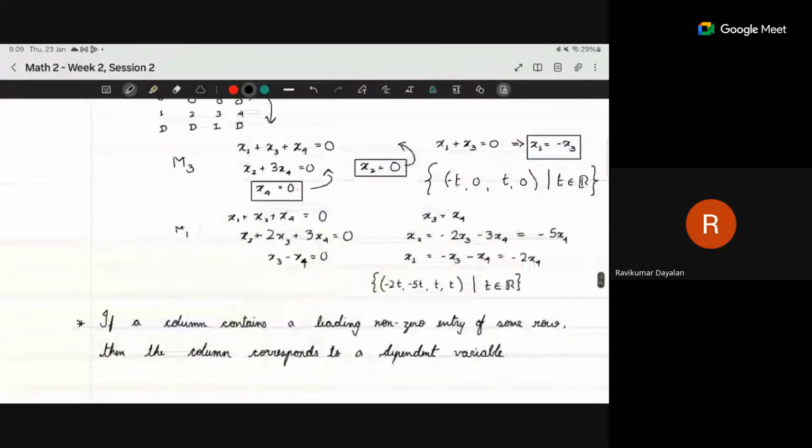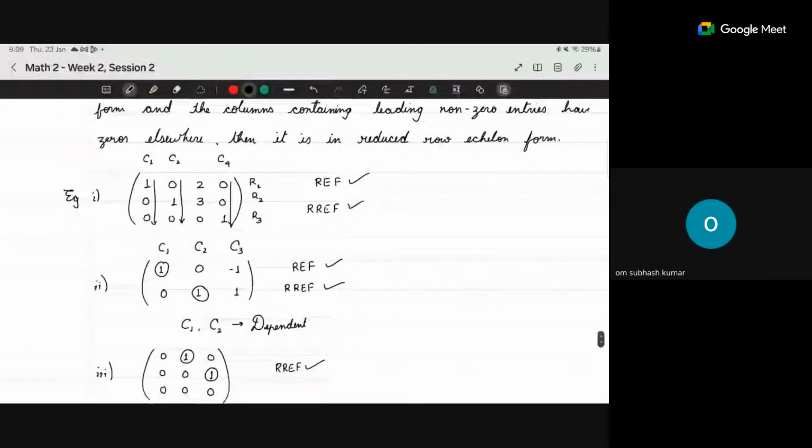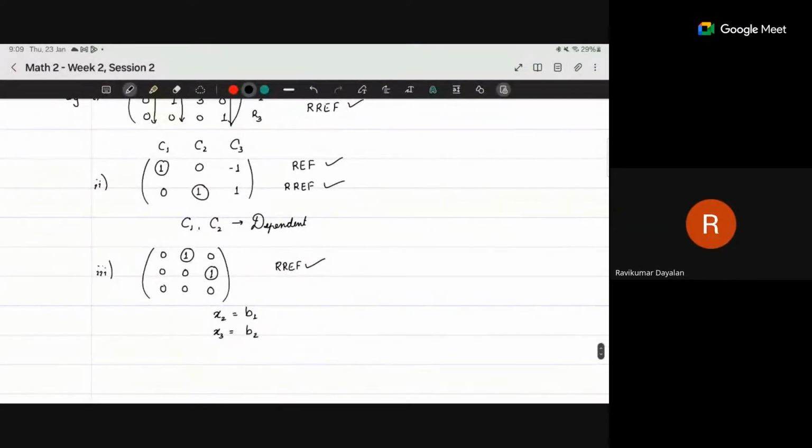Okay, what was the next step? Sir, that means an identity matrix by default will be RREF or REF? Yes, an identity matrix is in RREF. That is the ideal situation, right? Because if you have an identity matrix as the coefficient matrix, then you already have the solution.